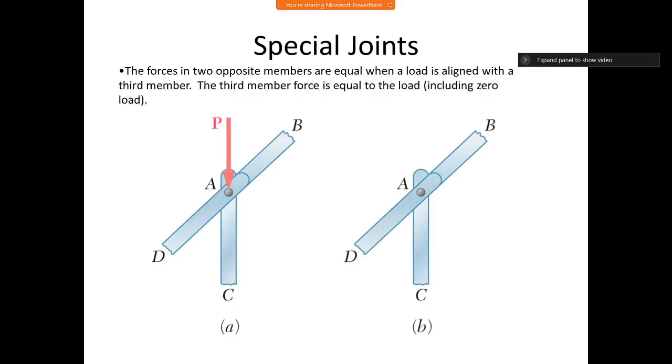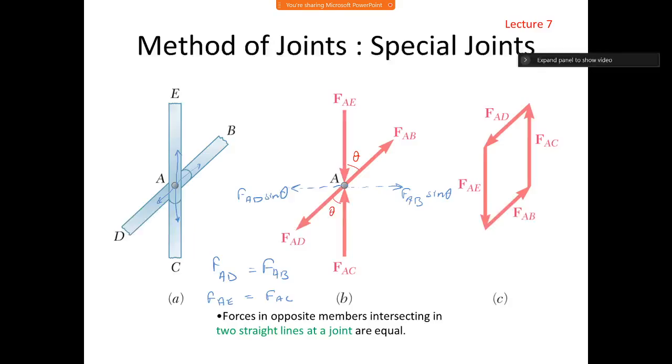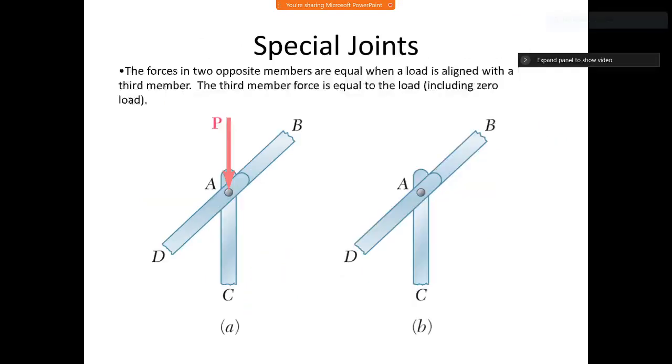Now let us consider another part of this case, where the member AE is replaced by a load P. If the vertical member AE is replaced by load P, then in this case I can say that FAB will be equal to FAD and P will be equal to FAC.